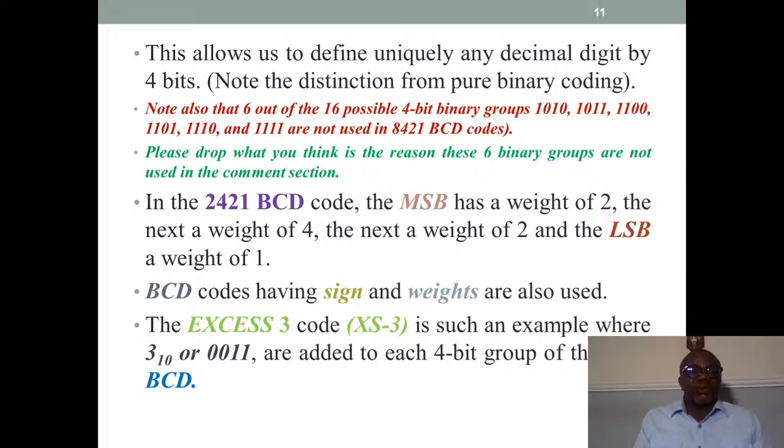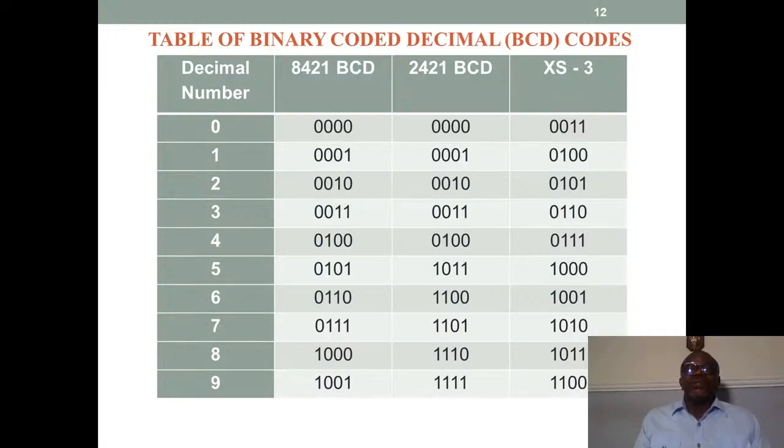We also have another code which is called the XS3 code. In this XS3, we are adding the decimal equivalent of 3, which is 0011, to each of the 8421 BCD code. So when you do that, it gives you a table like this. On the left, you see the decimal numbers from 0 to 9.